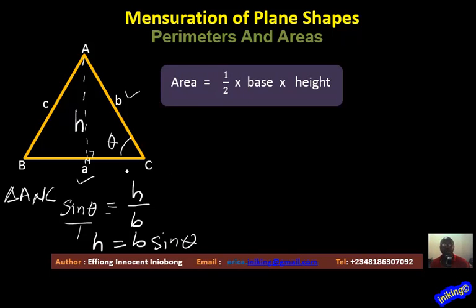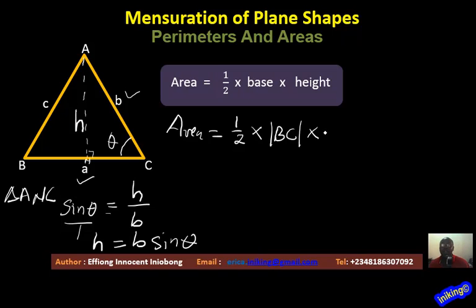What does this imply? It means, therefore, that if I'm taking my BC as the base, which is A, then my height H will simply be the other length B times the sine of the included angle. So I can come back and say, therefore, my area will be half times the base, which is the length of side BC, and then times the height.